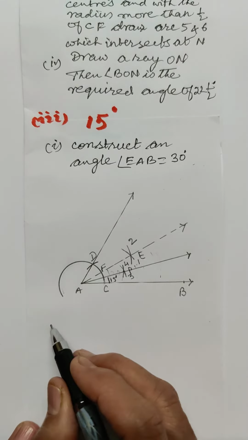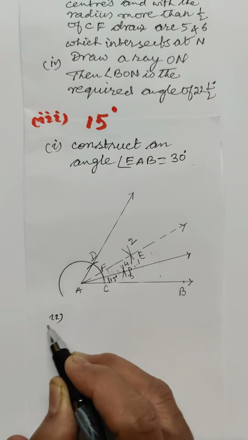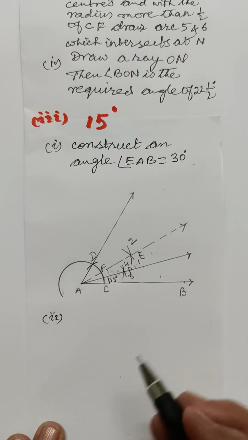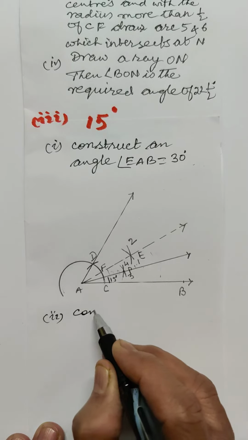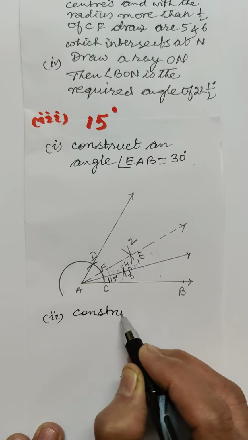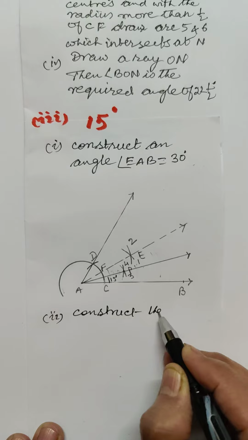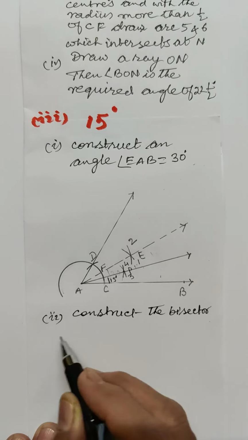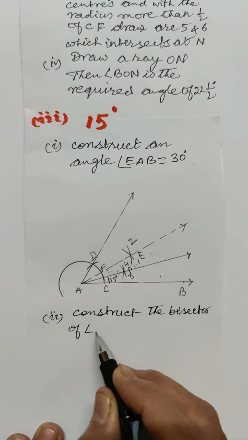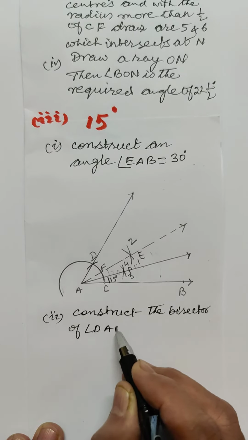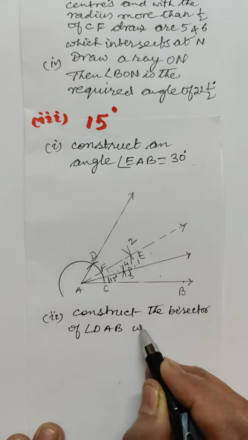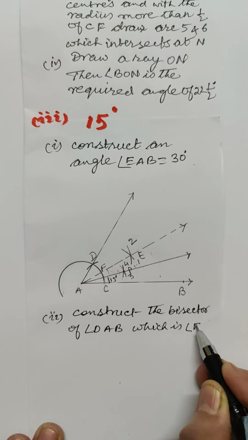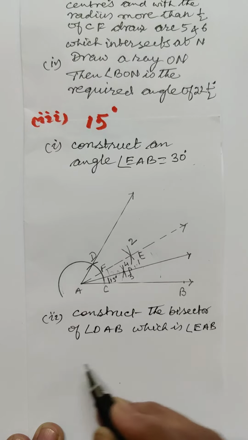So second step was construct the bisector of angle DAB, which is angle EAB.